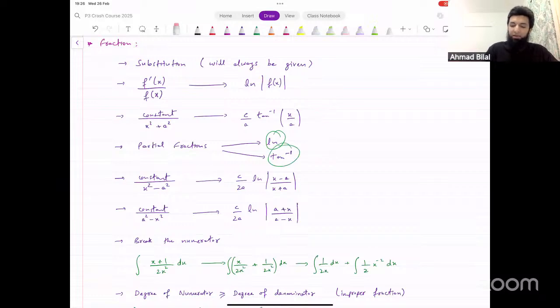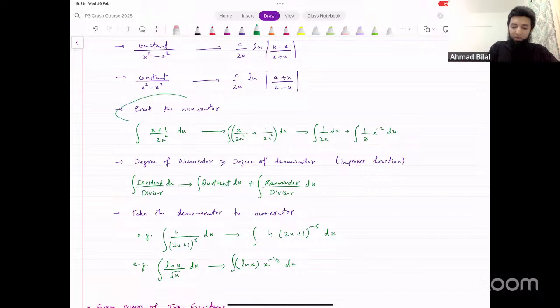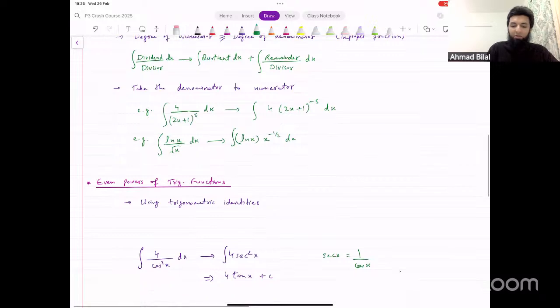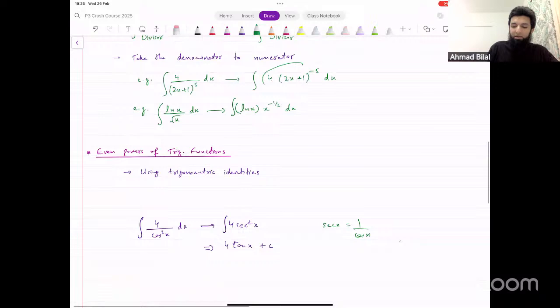And then you can use one of those two forms written in the formula sheet directly for partial fractions. You can split the numerator. You can use quotient plus remainder over divisor in an improper fraction. If none of those things work, you just take the denominator to the numerator, right? And then either integrate that directly or using integration by parts.